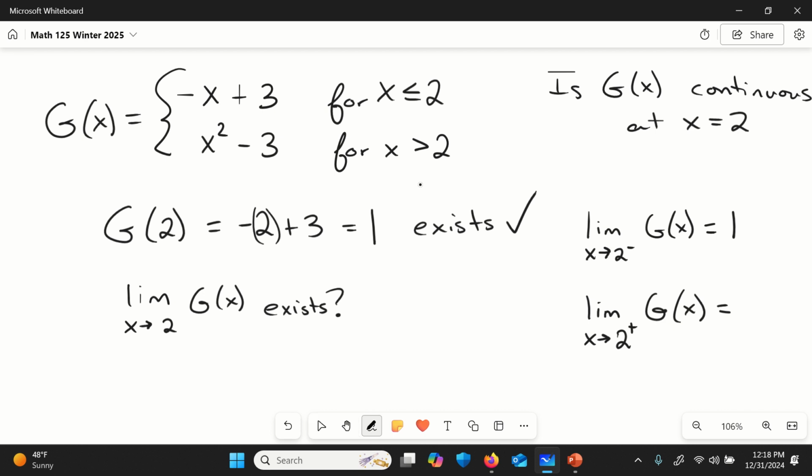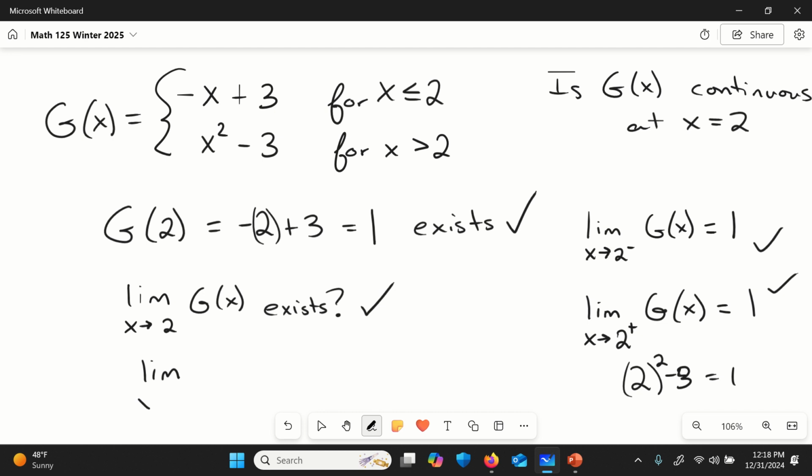When x is on the right of the value 2, it's bigger than 2. So we would use that bottom rule, which tells me 2 squared minus 3. Now 2 squared is 4, minus 3 equals 1. So we do get the same value from the left and the right, which means that limit exists.